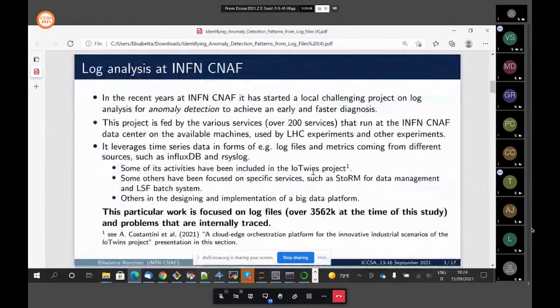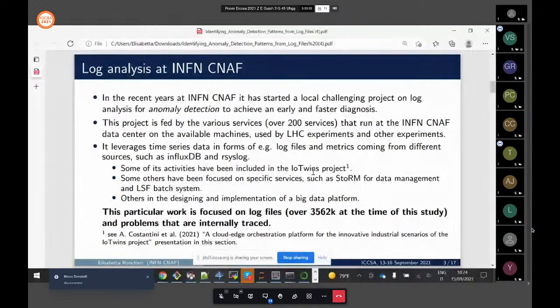The place where I work, Janefek NAF, in recent years started a local challenging project on log analysis for anomaly detection, in order to achieve an early and faster diagnosis of potential problems.